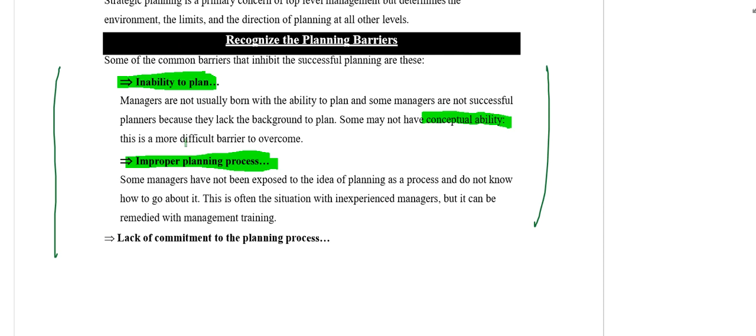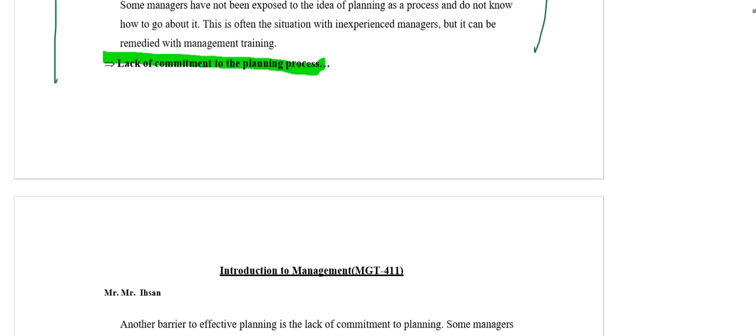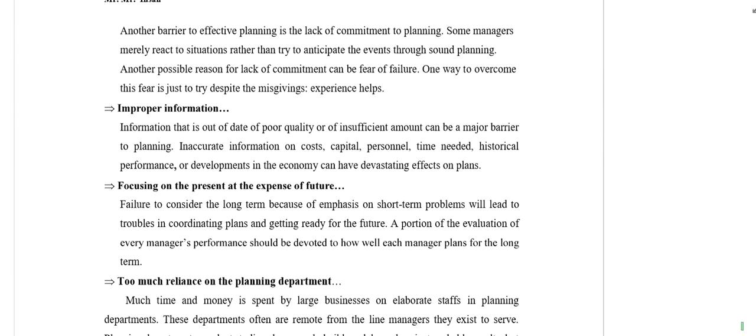They do not follow the steps of the planning process. Number three, lack of commitment to the planning process. There are some people or organizations who are not committed to the steps of the planning process. Number four, improper information. They do not have adequate information. That's why they get failure.